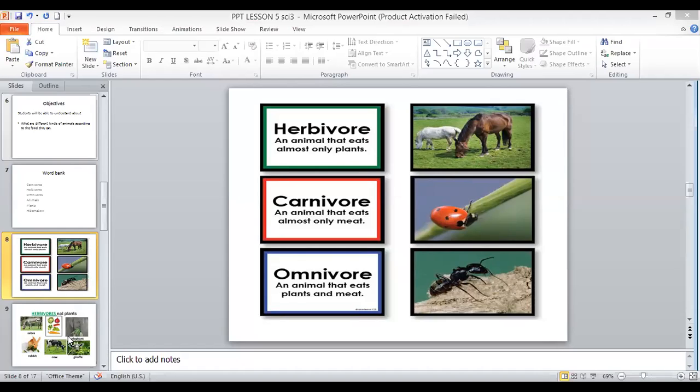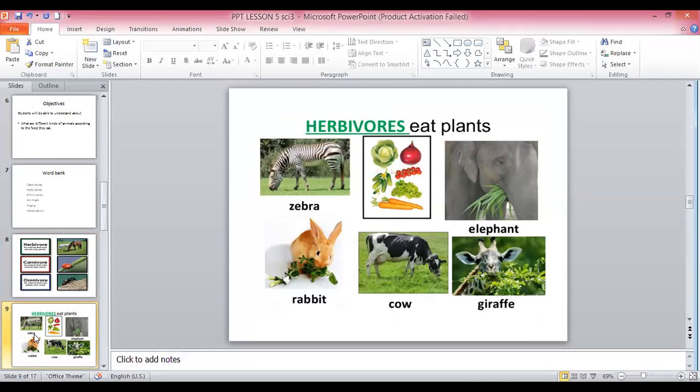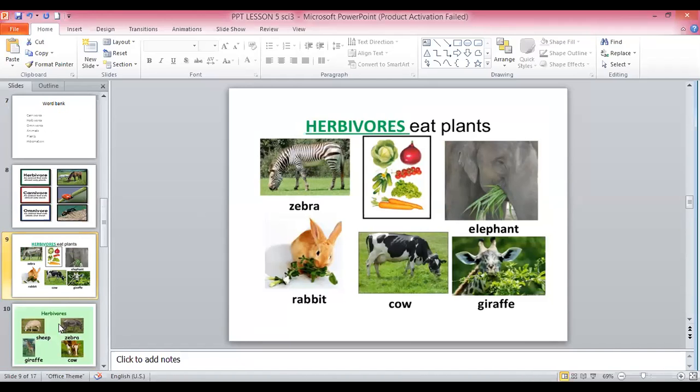Now we'll go into the detail of what a herbivore is and what the different kinds of animals involved in it are. Let's look at the next slide. Herbivores are the animals that eat plants. Look at this: a zebra, for example, an elephant, a giraffe, a cow, a rabbit. What do they eat? They eat only plants, the green plants, right?